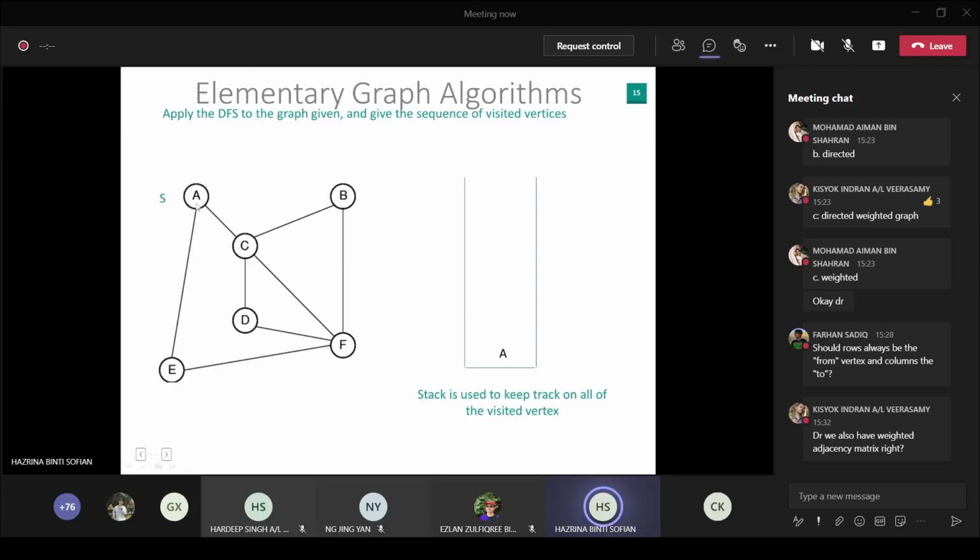We start with A and put it in the stack. The next step is to check the unvisited vertices from A. So from A, where can we go? We can go to C and we can also go to E.